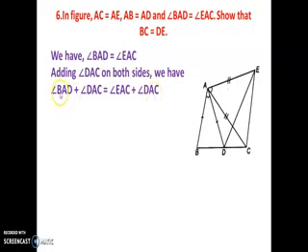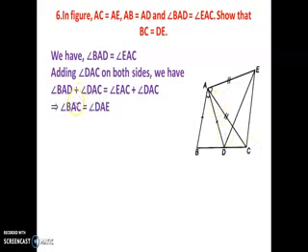If we add these two angles, angle BAD and angle DAC, can we write this angle as angle BAC? Yes, we can write the sum of these two angles as angle BAC.